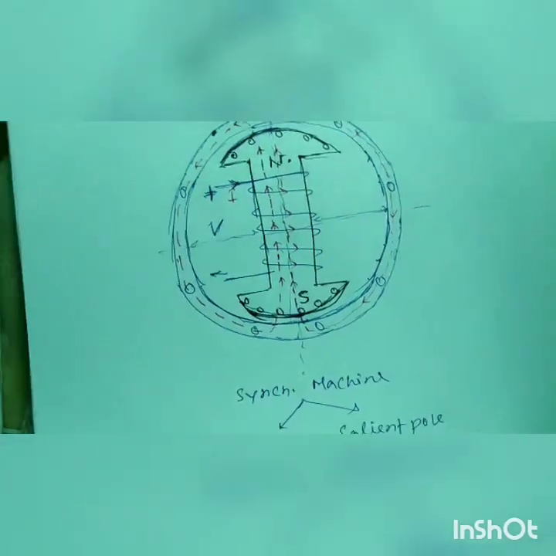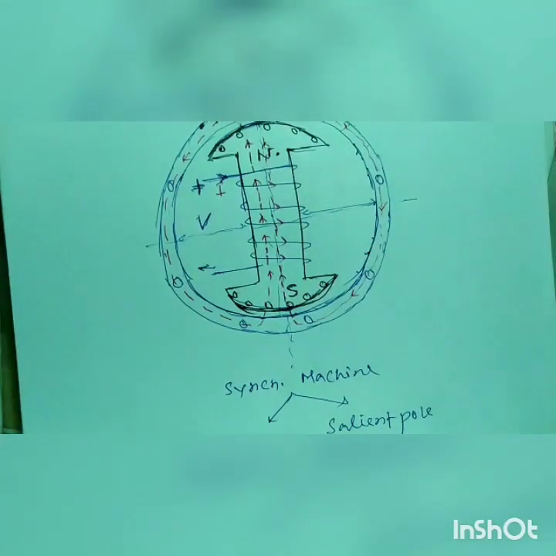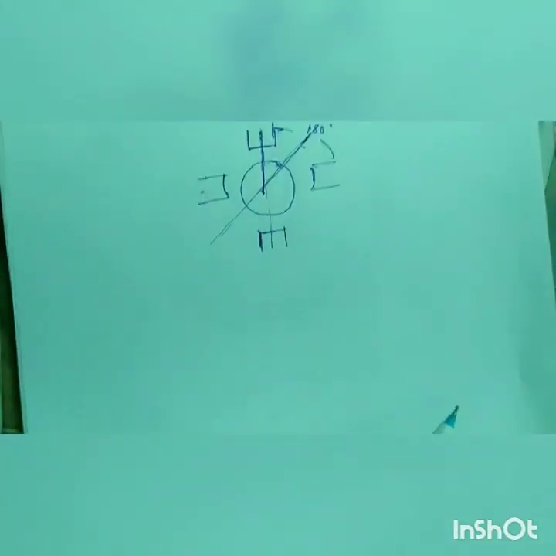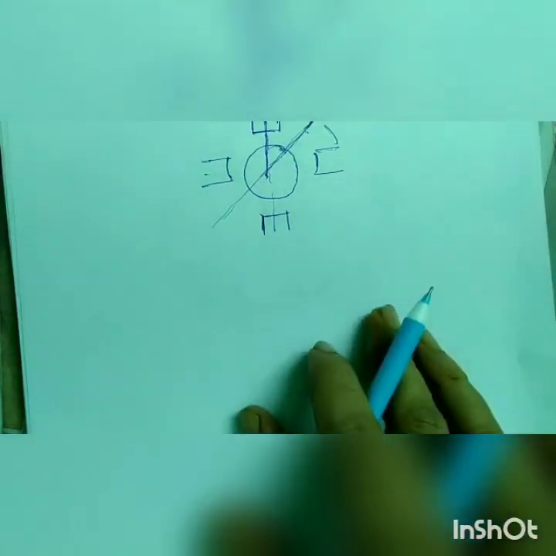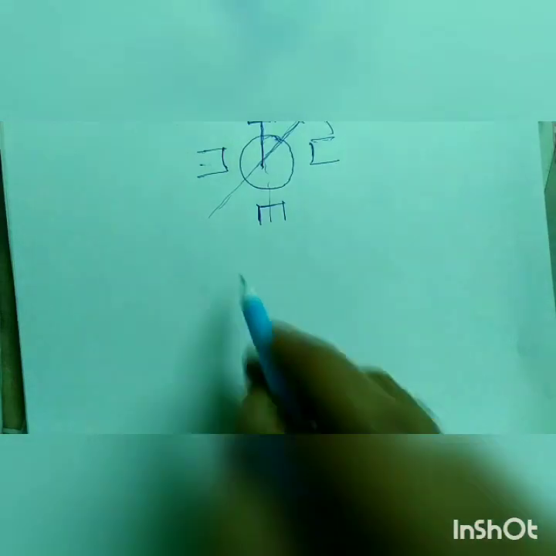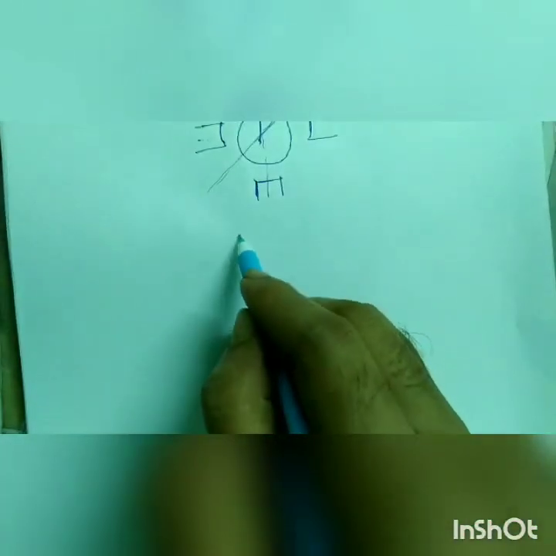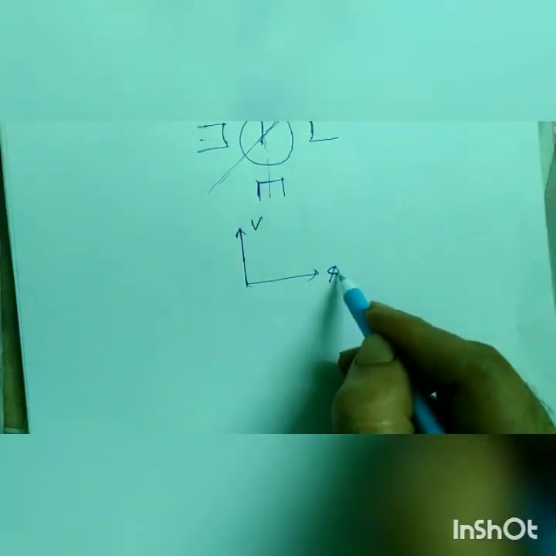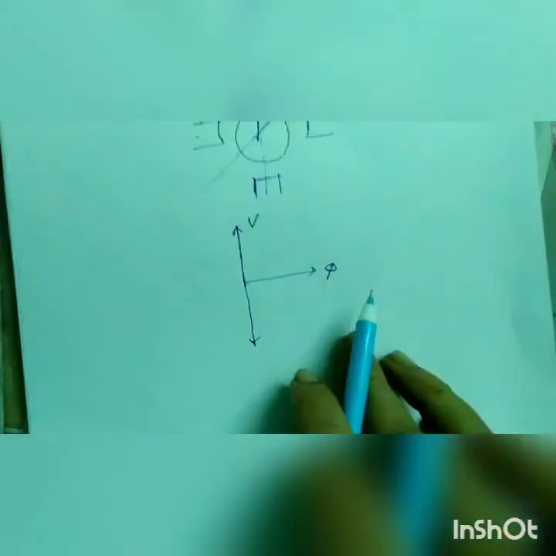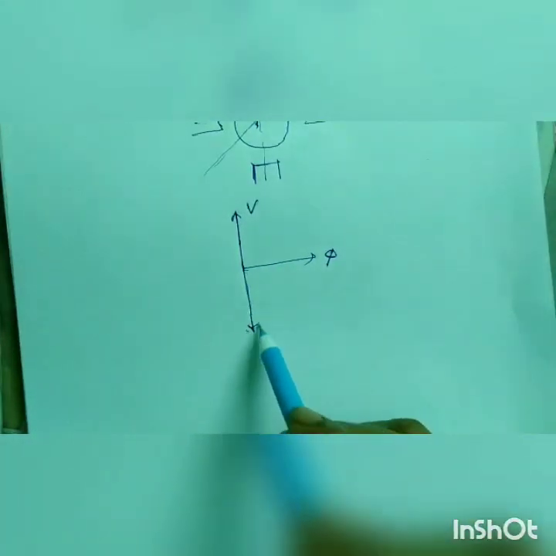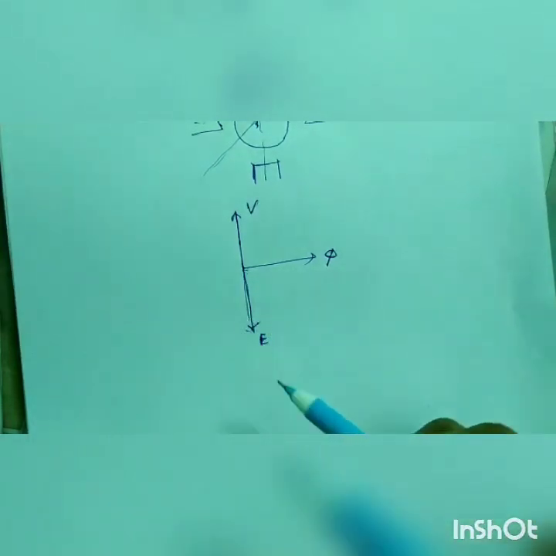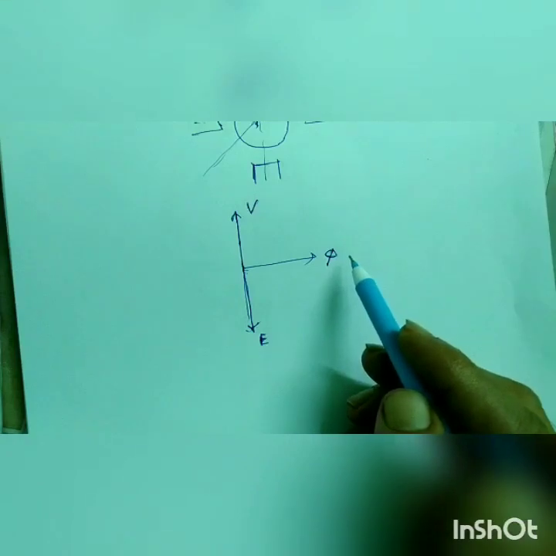Okay, so if you have studied the transformer chapter, then you can understand the phasor diagram of a transformer. Here V is the applied voltage, and this is the main flux, the core flux, and this is the induced EMF E. The induced EMF lags the main flux by 90 degrees.